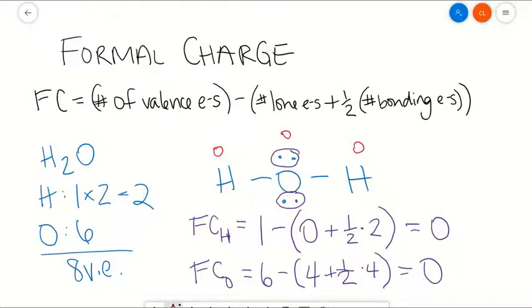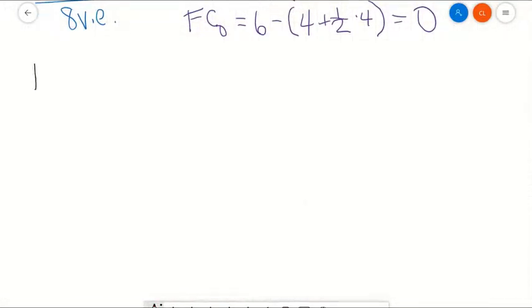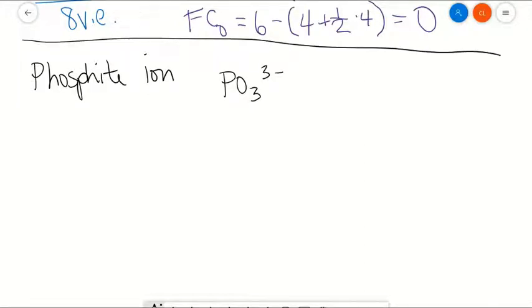Now, this example is on your handout. Let's practice and determine the most stable structure for the phosphite ion. Keep that equation for formal charge right in front of you, and we are going to take a look.